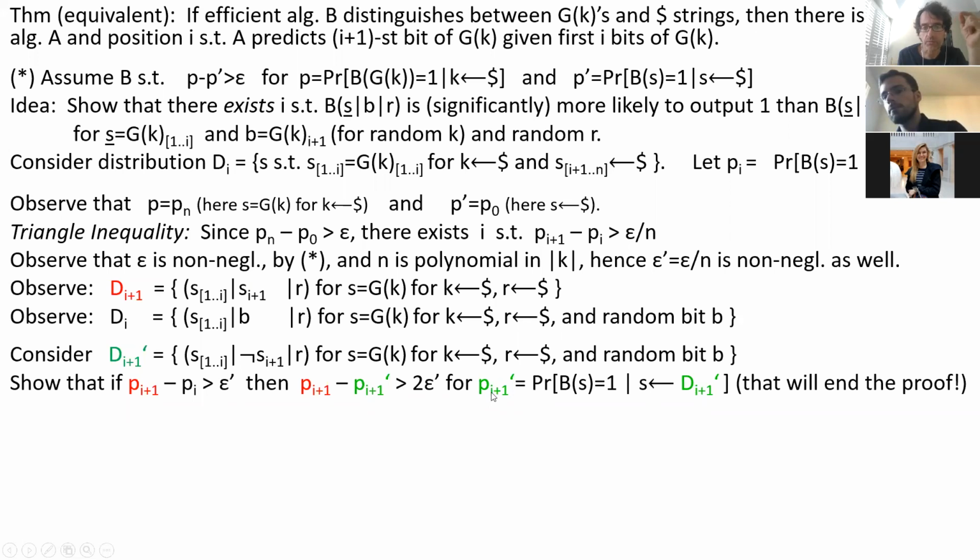So P_{i+1} is how he does on this wrong probability here. And you can use the triangle inequality, and you can use the exact statement that this probability is just half of these to show that the difference between the red and the green is actually twice epsilon prime.